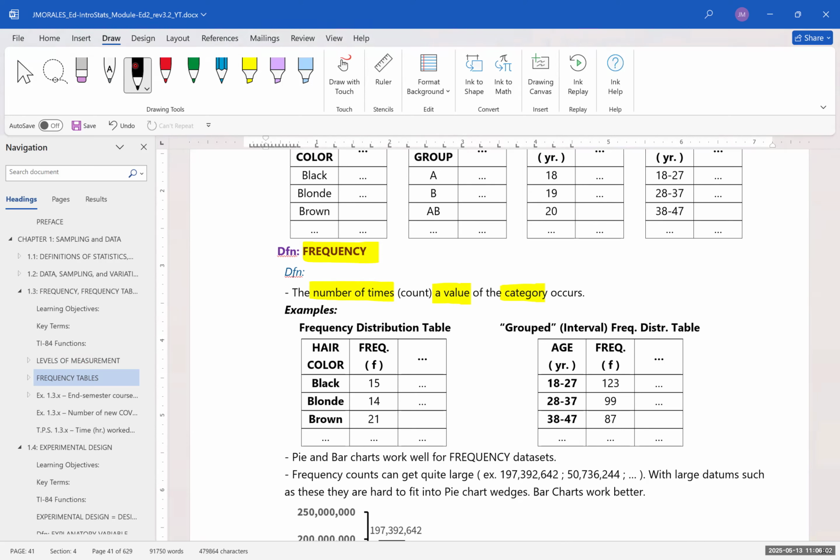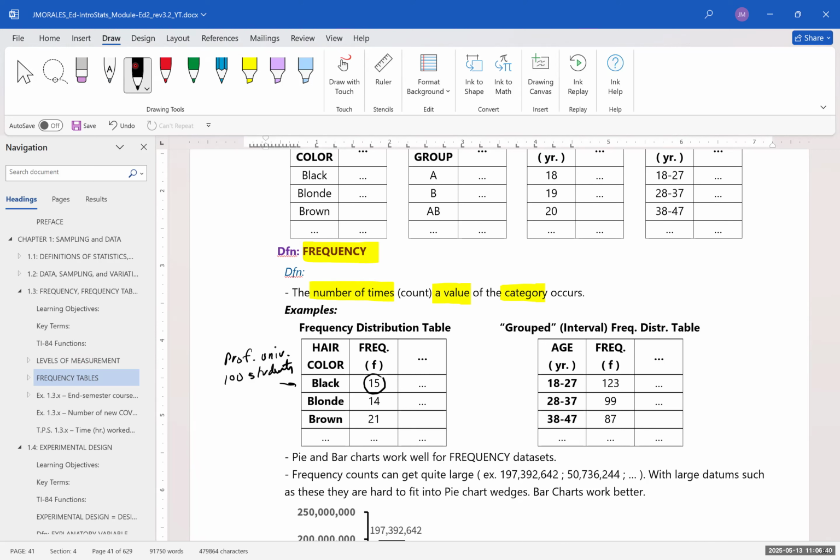So, if a professor at a university had a lecture hall full of students, so a lecture hall could maybe have 100 students in that room, and you counted the number of students that had black hair, then that count would be 15. Well, that's a frequency of 15 for the black hair color.